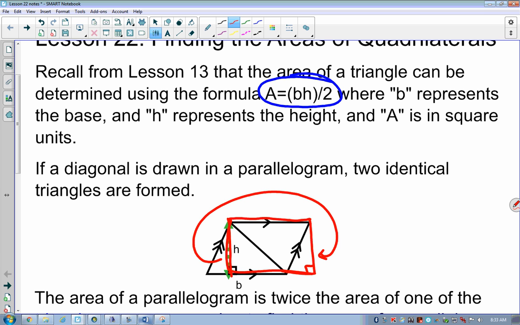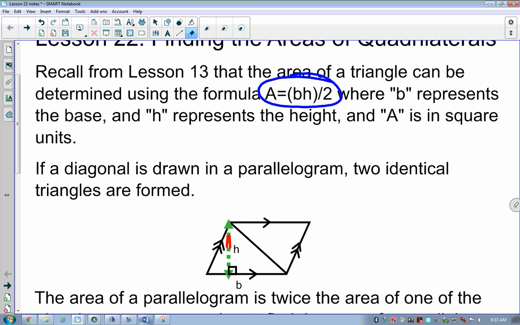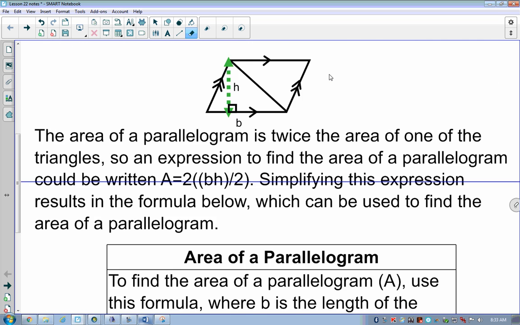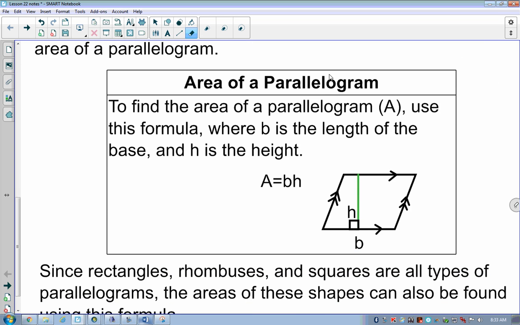Does that make sense? You've probably seen that explanation before. So to find the area of a parallelogram, take base times the height or altitude, and that's what you see down here: use this formula where B is the length of the base and H is the height. Any questions about that?